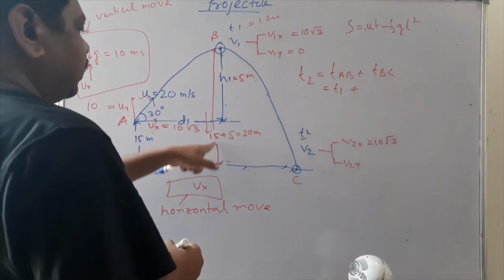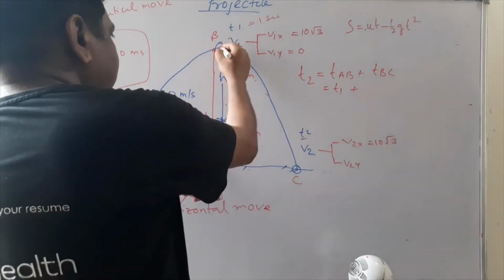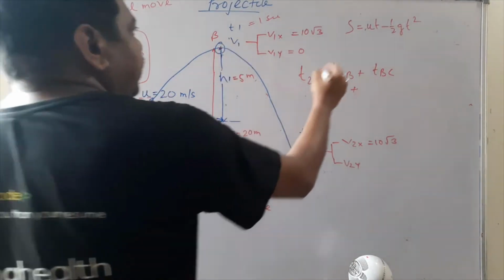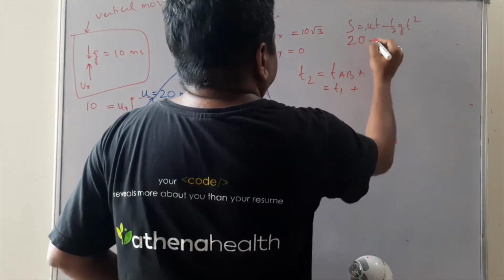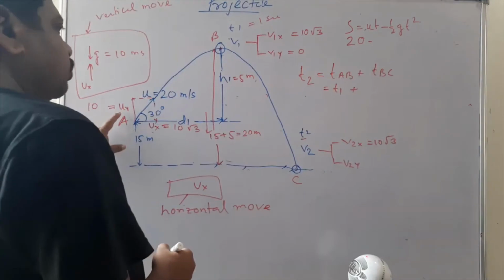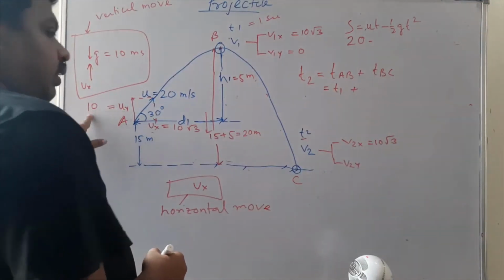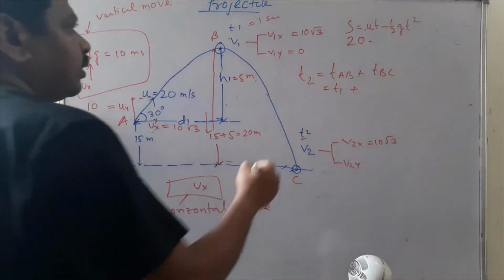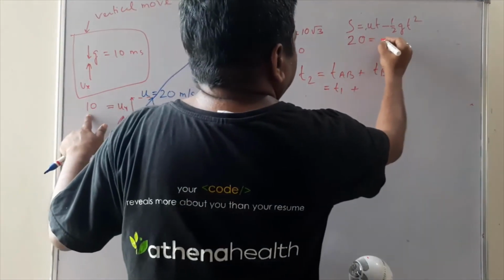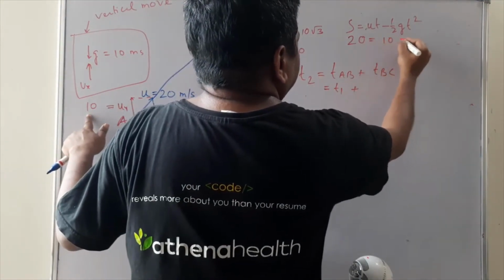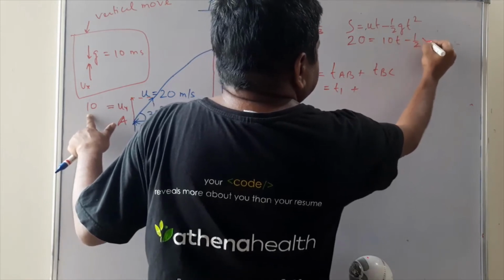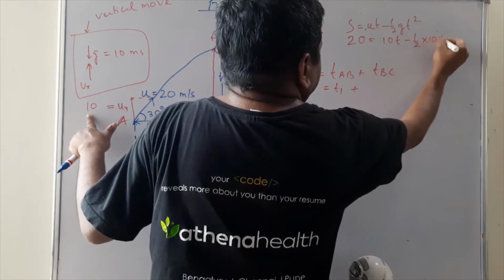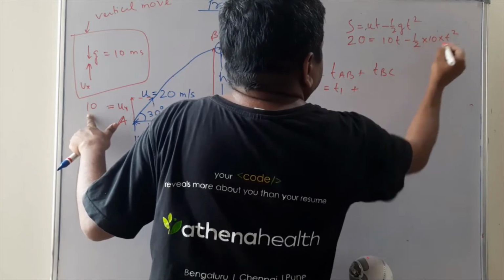Here S is the total distance, it is 20, u is uy, so this is 10, t minus half, g is 10 into t square.